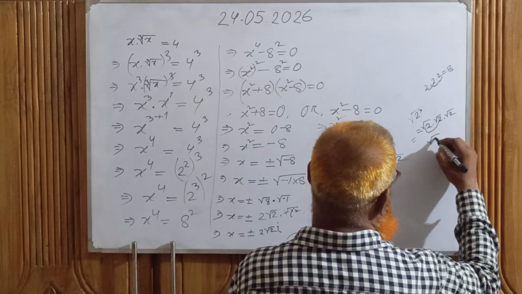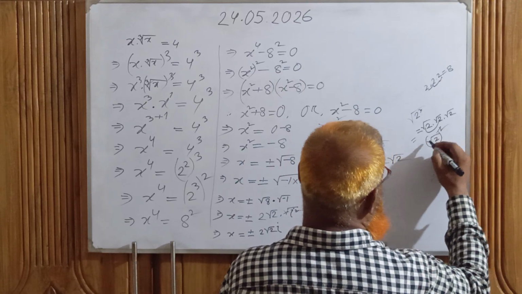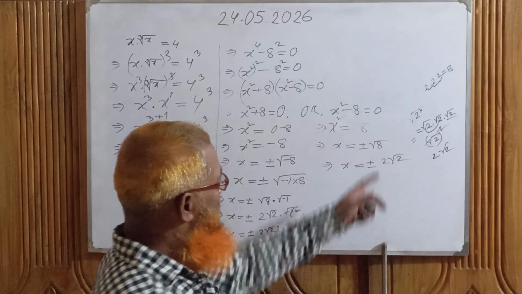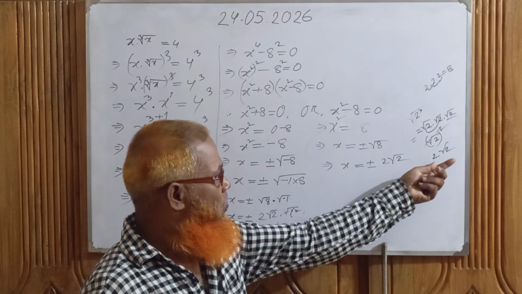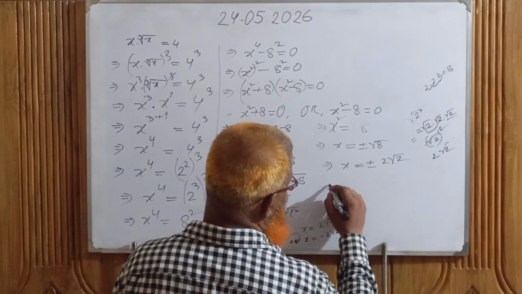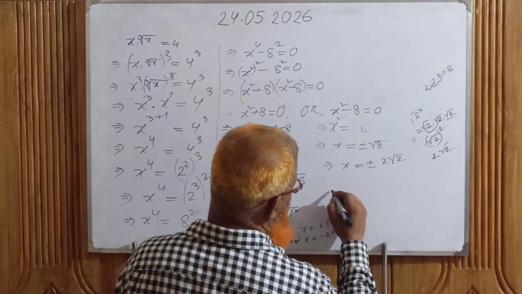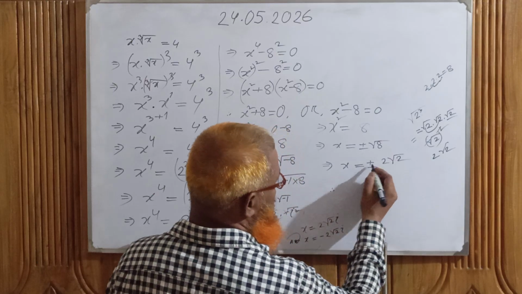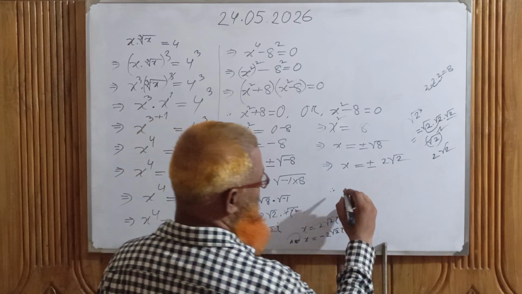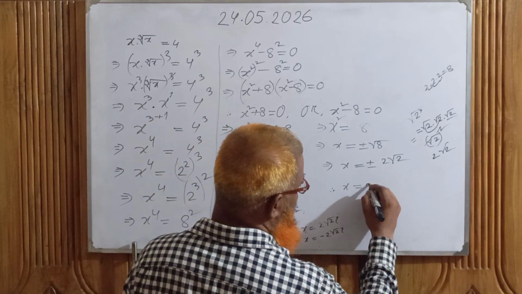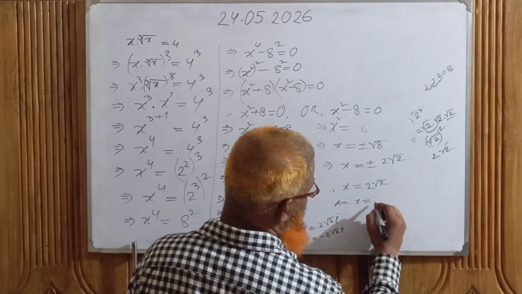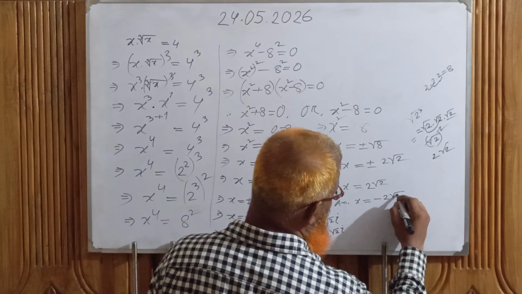The square is cut, and 2 root 2 remains. So root 8 equals 2 root 2. So this is plus and minus, one time plus and the other minus. So x equals 2 root 2 and x equals minus 2 root 2.